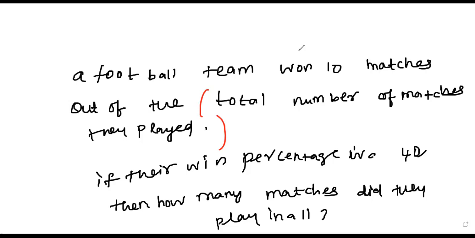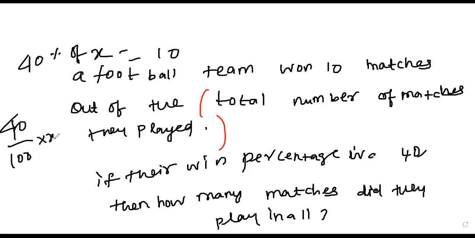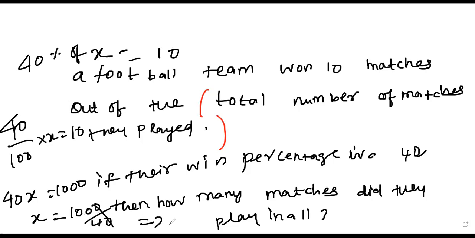You just have to write 40% of X is equal to 10. So 40 upon 100 times X is equal to 10. So 40X is equal to 1000. So X is equal to 1000 upon 40, which gives you 25. So that is how it is.